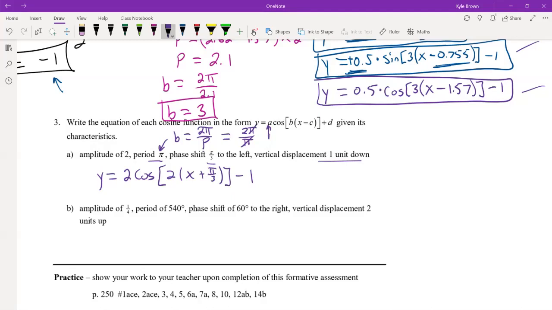Okay, next one here says amplitude of 1 over 4. So we'll say y is equal to 1 over 4 cos. Now my b value, right? So the period is 540 degrees. So that's going to look a little different. So b is equal to, it won't be 2 pi over 540 this time, right?